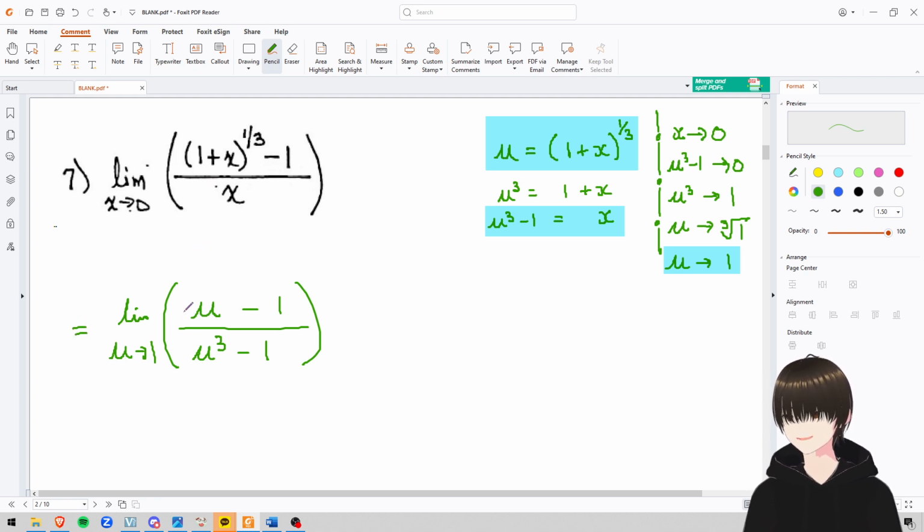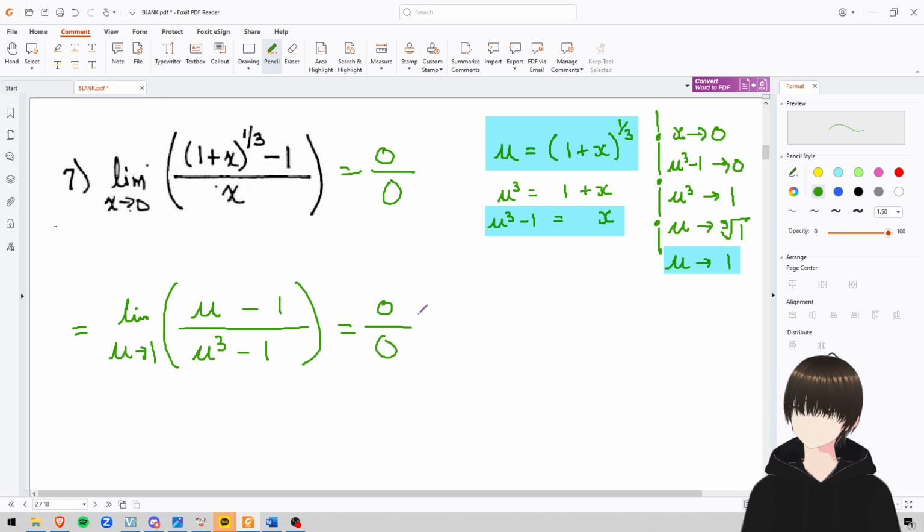Let's plug it in to test. If you substituted 0, you get 1 minus 1, which is 0, and x approaching 0 is 0. In the same way, if u approaches 1, 1 minus 1 is 0, and 1 cubed minus 1 is 0. Well, there it is. Substitution. So we know we substituted correctly.